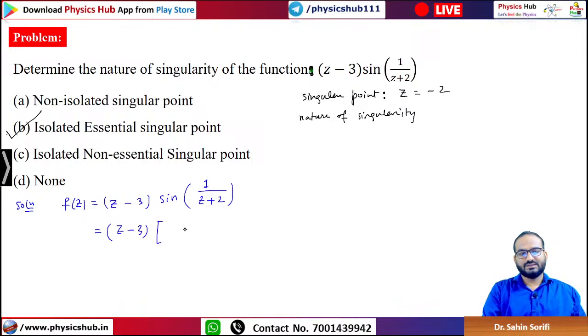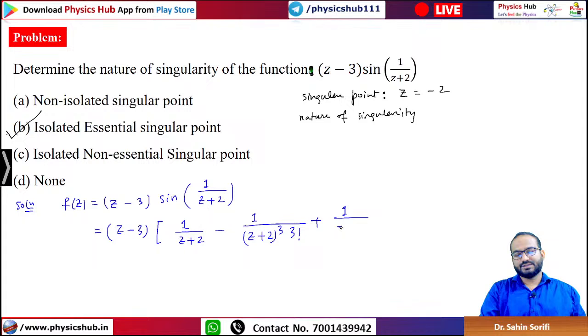We know the sine series: x minus x cube by 3 factorial plus x to the power 5 by 5 factorial. So how many terms does it contain? In the denominator, the powers will extend up to infinity.